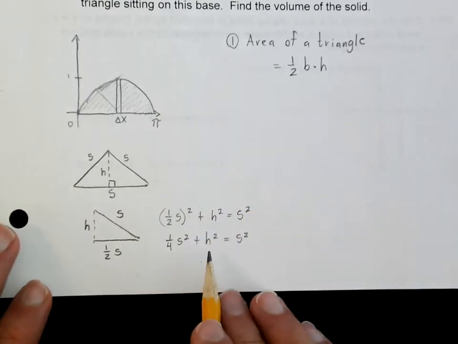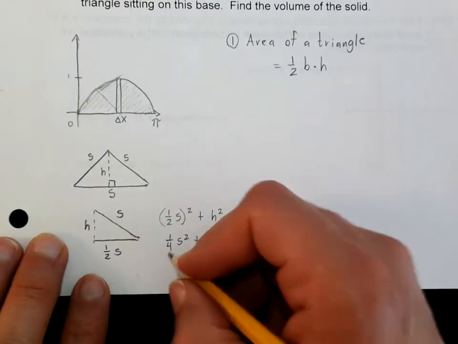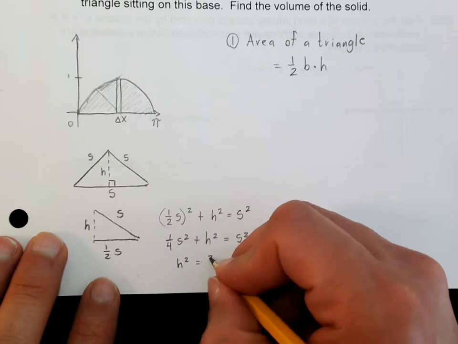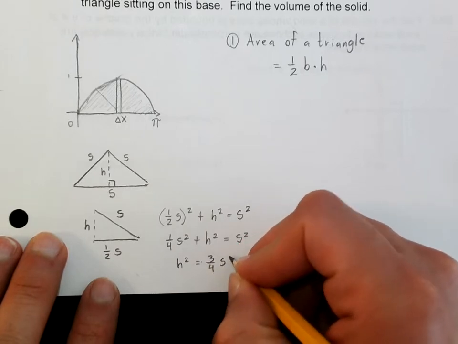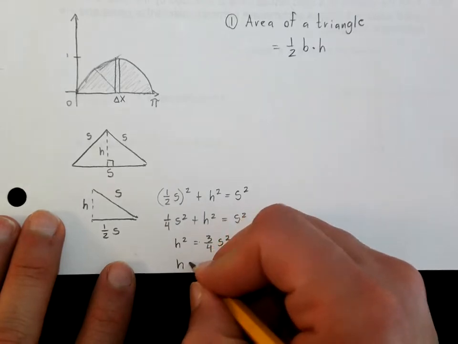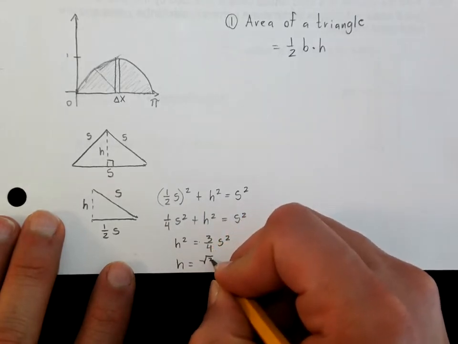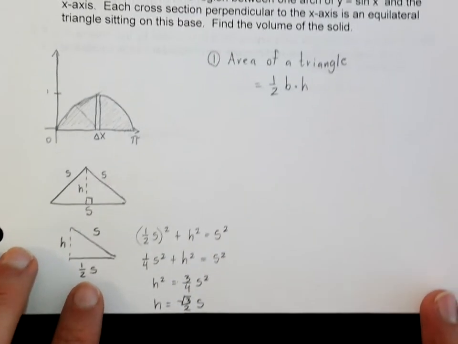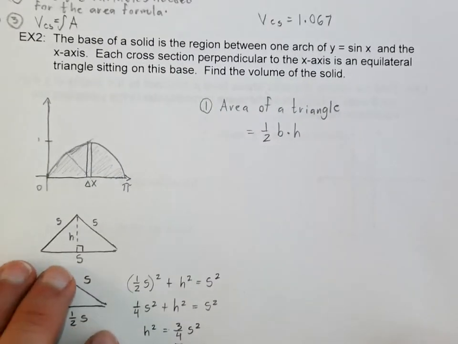Now if I subtract 1/4 S squared from each side, I would get H squared is equal to 3/4 S squared. And if I take the square root of each side, I would get square root of 3 over 2 S.